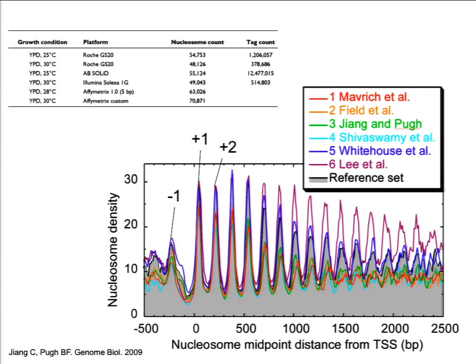Shown here is an alignment of those 6 different data sets around the transcriptional start site. And you'll see they remarkably reproduce and recapitulate the same pattern. These mappings are very robust.